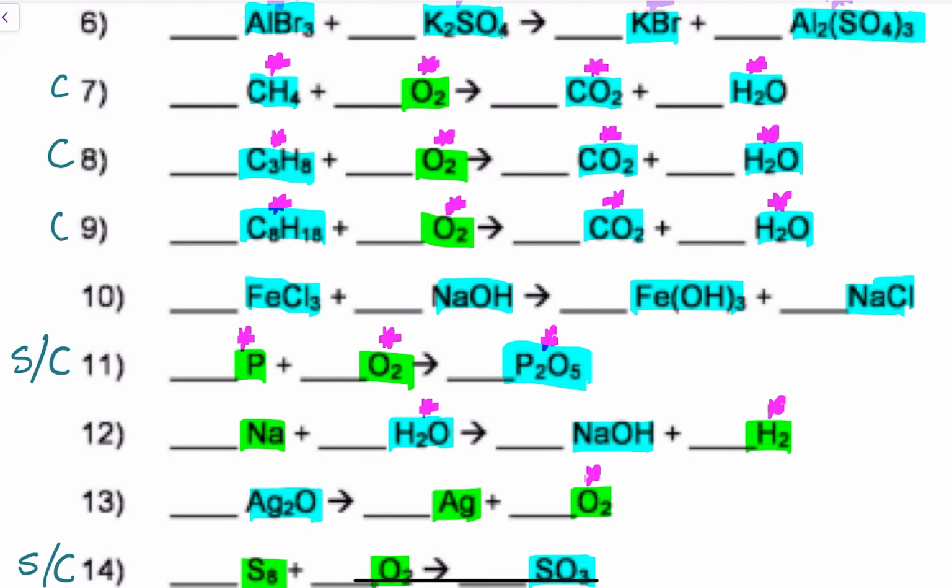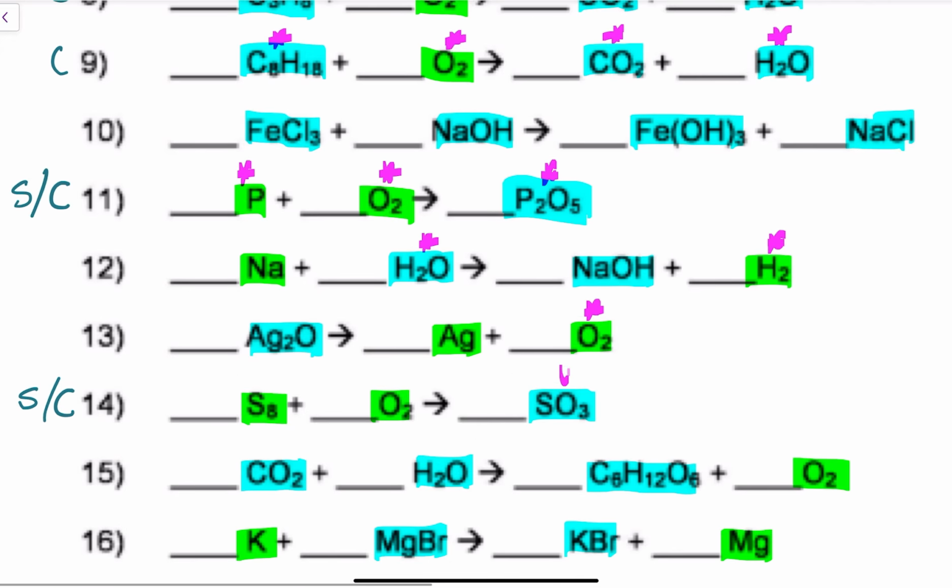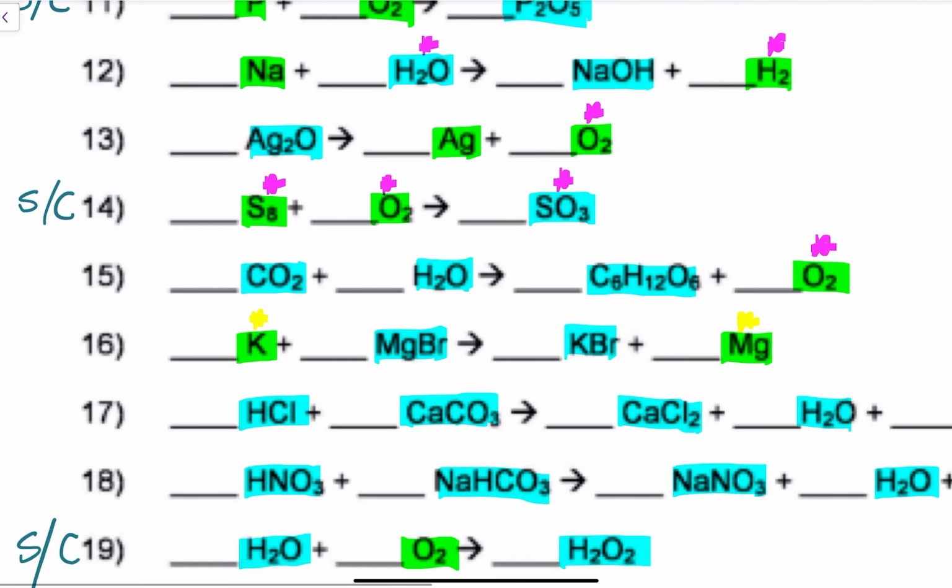So if it's just a non-metal by itself and no metals around, we know automatically these have to be molecules. Now, special case, potassium and magnesium are metals down here, but they're yellow, meaning they're atoms.